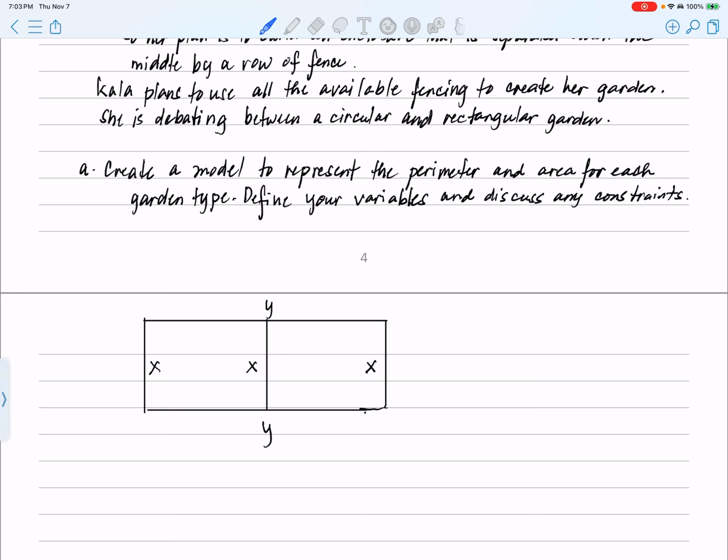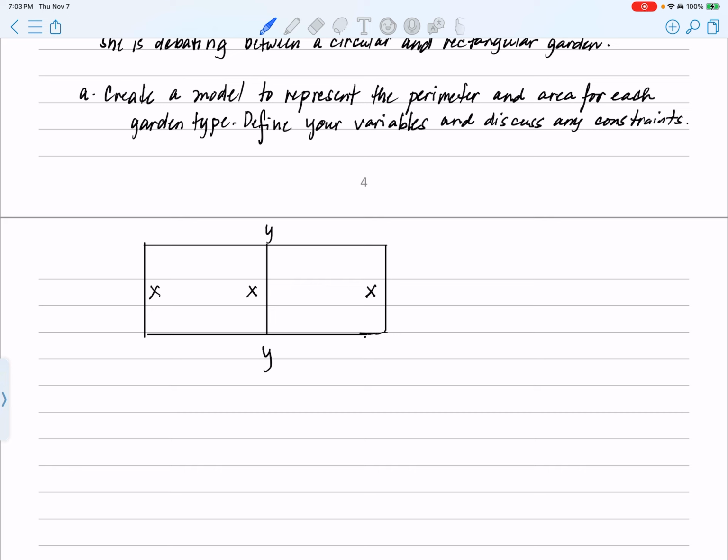Okay. So we're gonna start. You're asked to create a model to represent the perimeter and area for each garden type, define your variables and discuss any constraints.